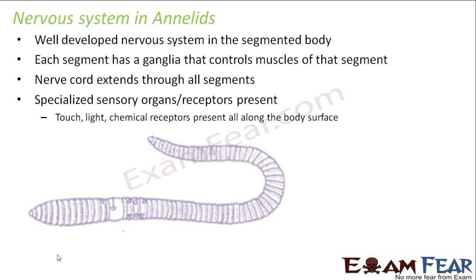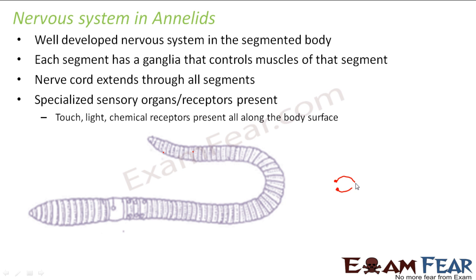Nerve cord is something which is common in the animals which we have discussed so far. So if I try to represent the nervous system of an annelid in a simplified form, it would be somewhat like this.